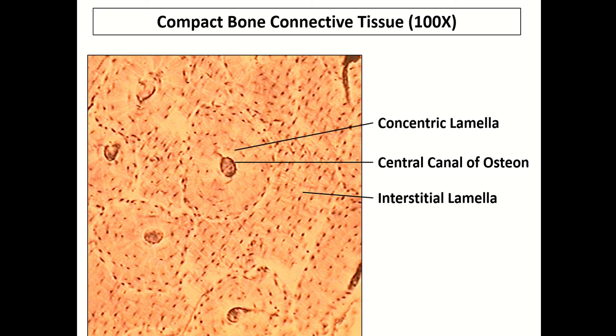Instead, you see what looks like tree rings. So the idea is with compact bone tissue, you have a functional unit known as an osteon. And this is composed of a central canal, right, also called a Haversian canal, with encircling rings known as lamellae, right, or a single lamella would be one ring.